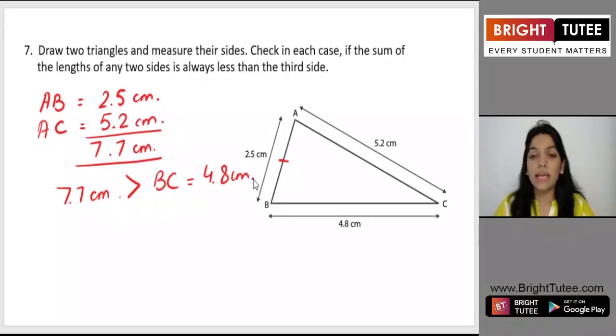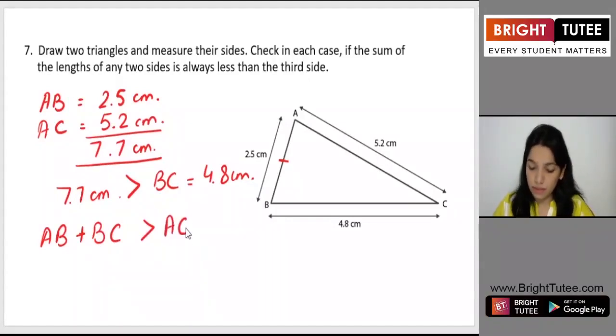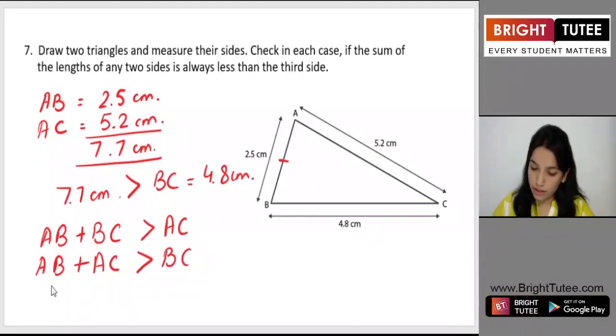You can take any two pairs. Say if now I am adding AB to the length of BC, we will see that this will also be greater than AC. Similarly, I can write AB added to AC is greater than BC, or I can write AC added to BC is greater than AB.